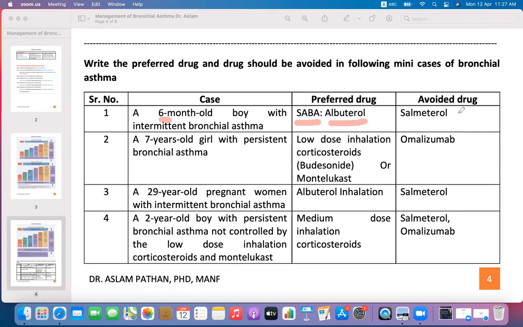Avoided drug: avoid salmeterol, which is a long acting beta agonist. The long acting beta agonist is generally not preferred in the treatment of intermittent bronchial asthma.